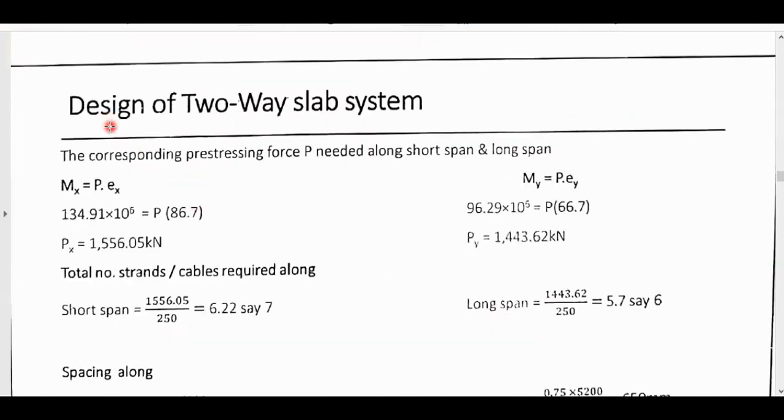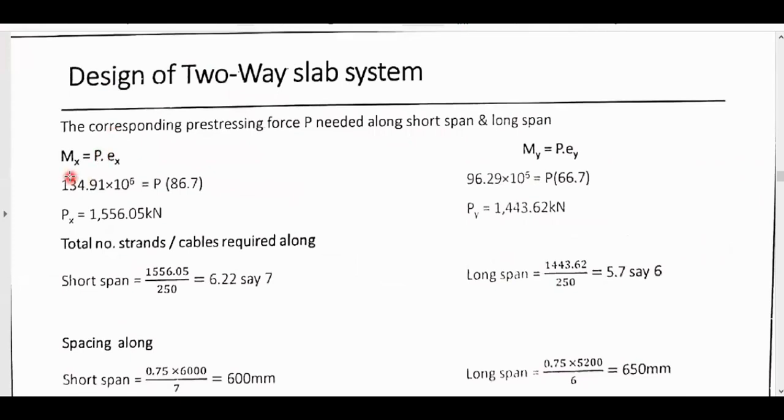So next we will calculate the Mx and My. It is P into Ex. So P we need to calculate. We have Mx and Ex. Substituting that, we will obtain the value of Px. So it will be 1556.05 kilonewton. After that, similarly, we are going to calculate My.